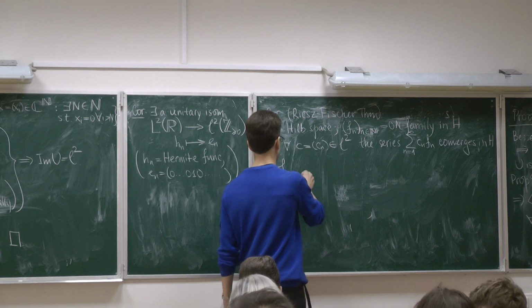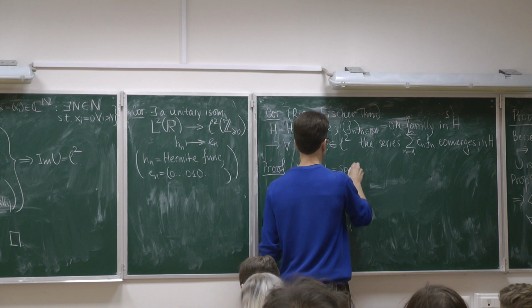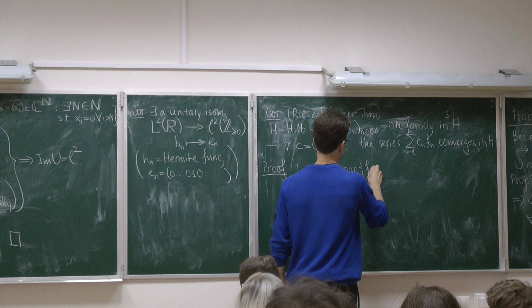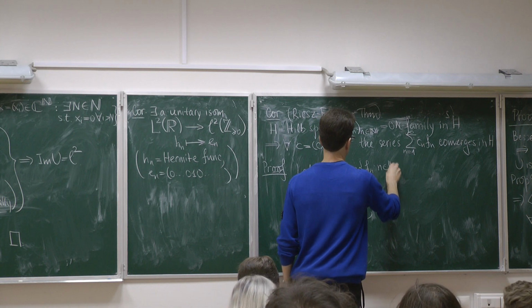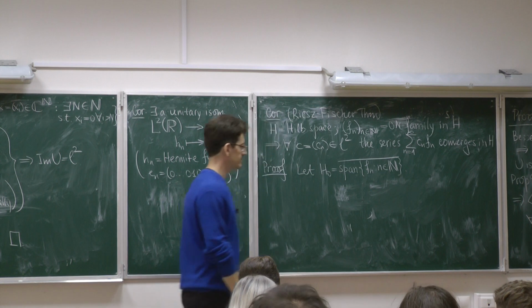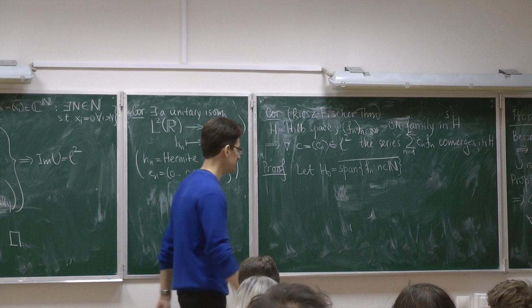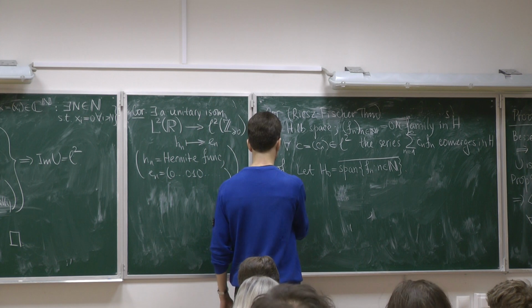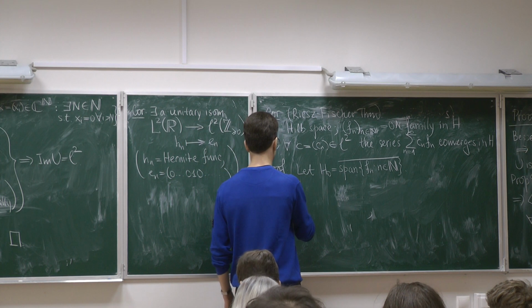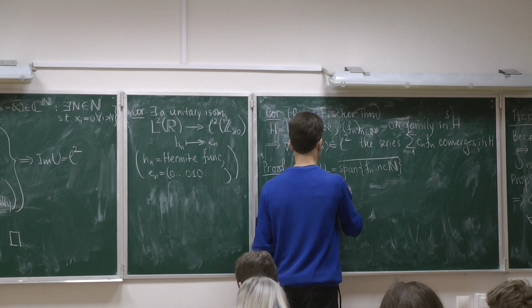Indeed, let's take the closure of the linear span of this family, and denote it by H0. So H0 is a separable Hilbert space, and Fn is an orthonormal basis of H0.